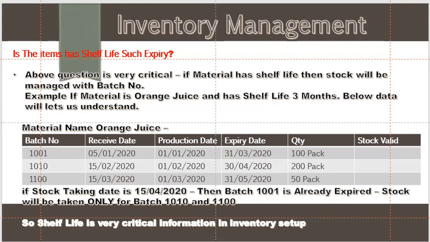It means I purchased on the 5th of January, the production date was first and the expiry was 31st of March, 100 packs, and nothing has been sold. And if I'm taking stock on 15th of April, then this item cannot be taken into stock because it's already expired. So the shelf life is very critical information in inventory setup.